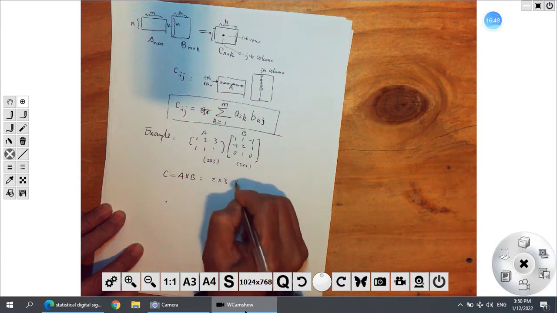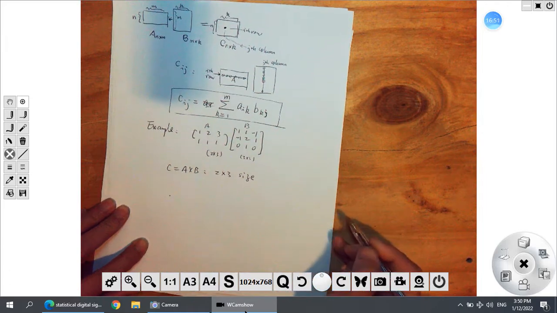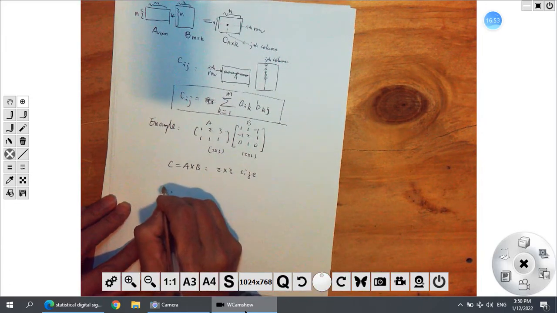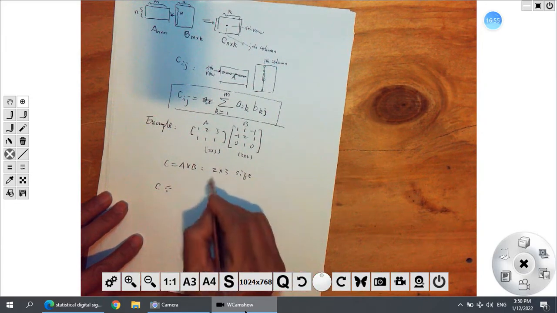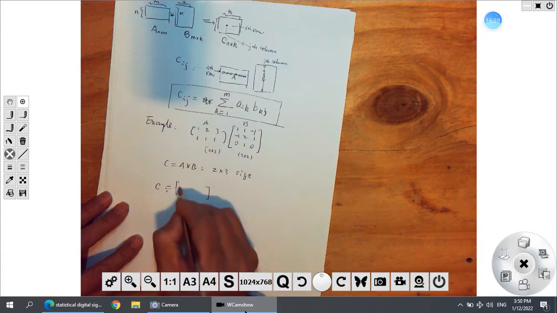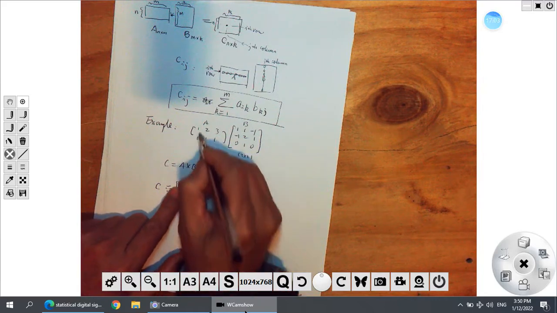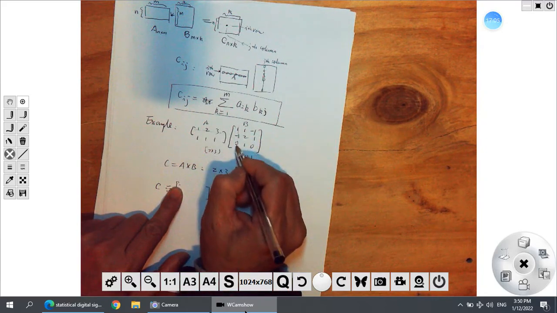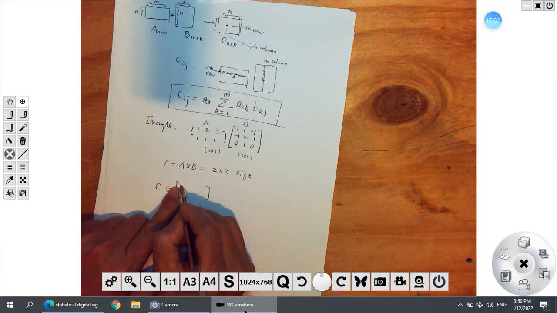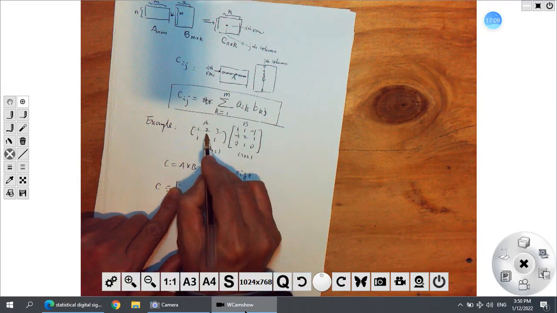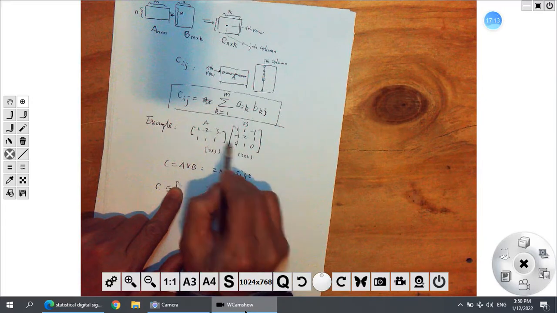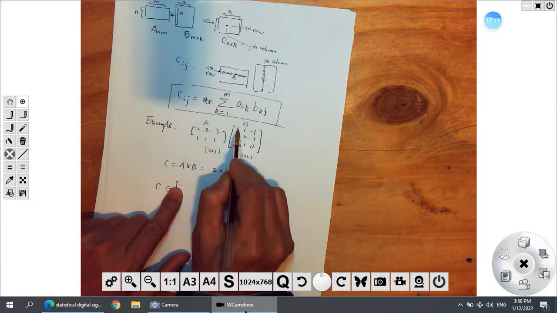Its elements, I need 2 rows and 3 columns. For the first element, you pick the first row and first column. So I have 1 times 1 is 1, 2 times negative 1 is negative 2, 3 times 0 is 0. So I have 1 minus 2, I have negative 1.